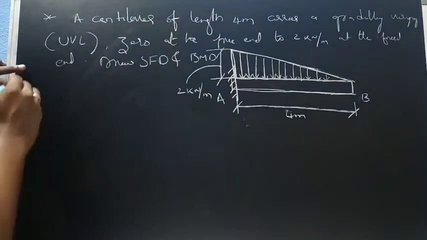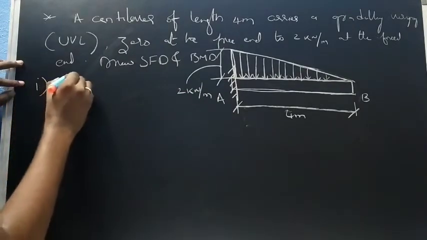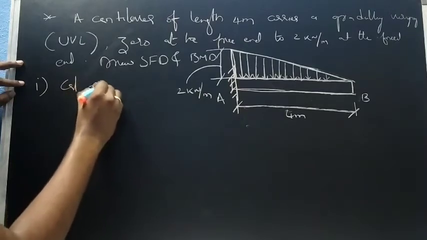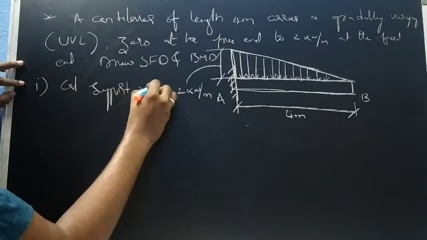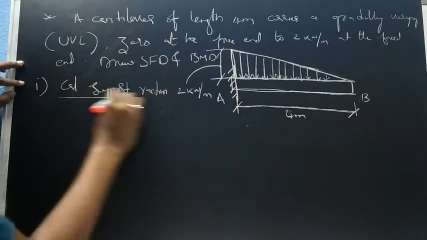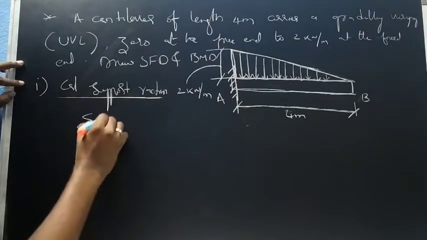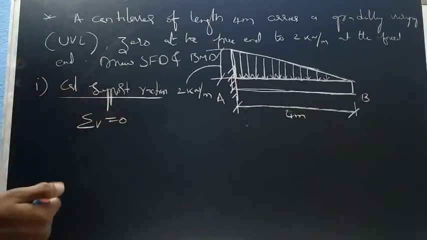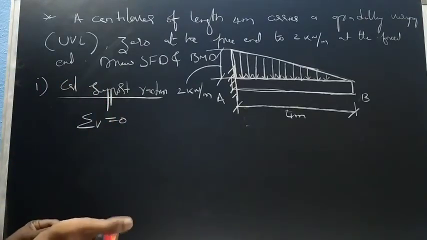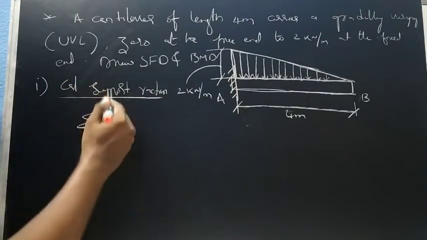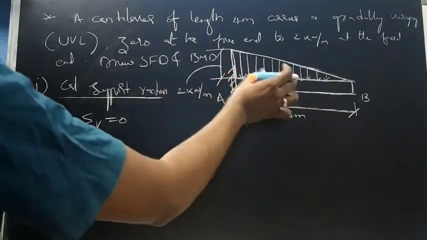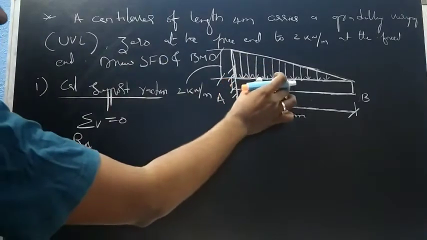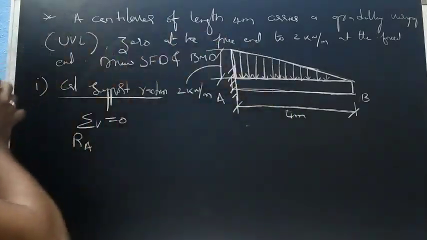The first step is to find out the support reactions. So I will write calculate support reactions. So summation of all the vertical forces equals to 0. So that is RA. In case of uniformly varying load, we have to remember that we need to take the area.